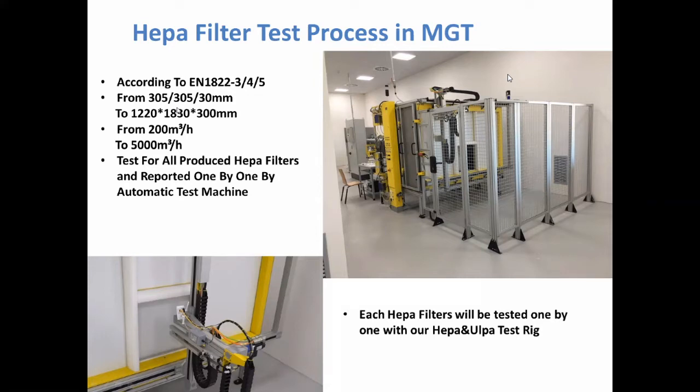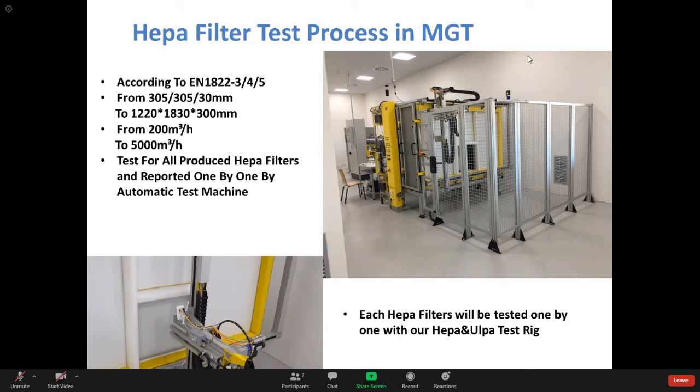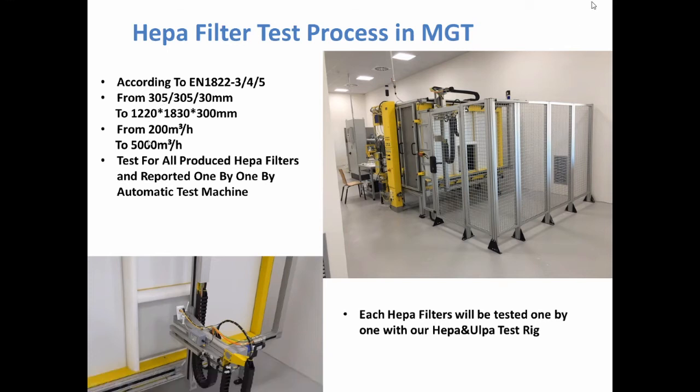The dimension can be from the small size, 305 by 305 millimeters, up to 1,220 by 1,830, and the maximum depth is 300 millimeters. From 200 cubic meters per hour to 5,000 cubic meters per hour, we can test one by one without any problem.